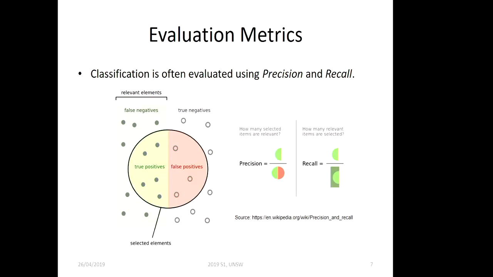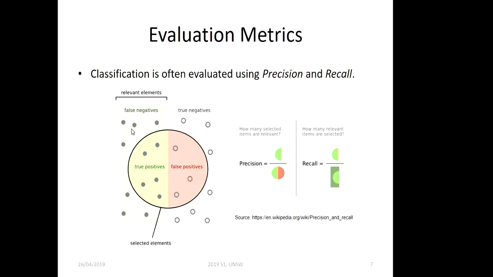So let's start with the evaluation metrics. There are many types of evaluation metrics you can use to evaluate your system, but the most commonly used ones are these 2, precision and recall. If you consider this image, all those dots represent the data that you have in your test set.